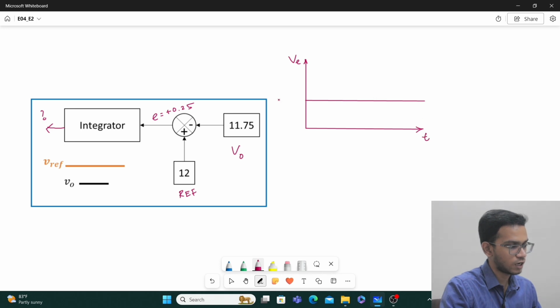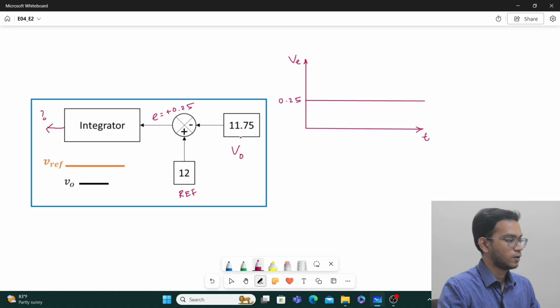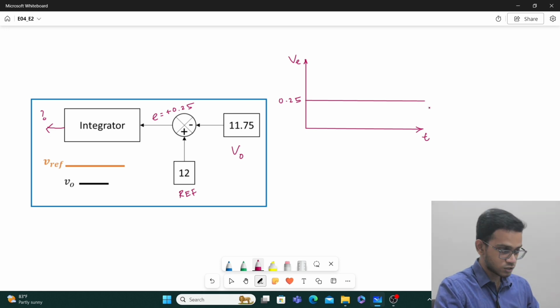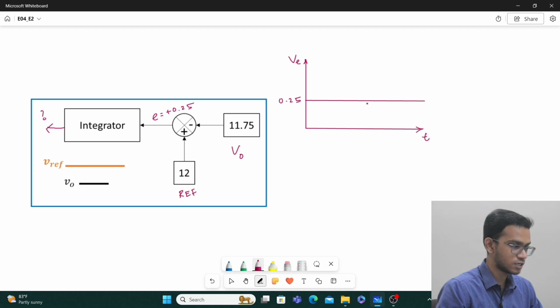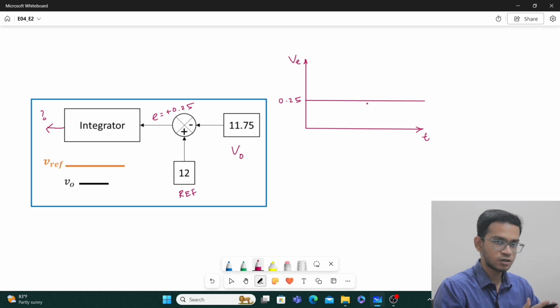It is constantly having a value of 0.25 volt. In such a scenario, the integrator should find the area under this curve at every instant. If it is a continuous integrator, it will happen automatically, just like a capacitor, as I have already explained previously. And if it is a discrete integrator, we'll come to discuss it.